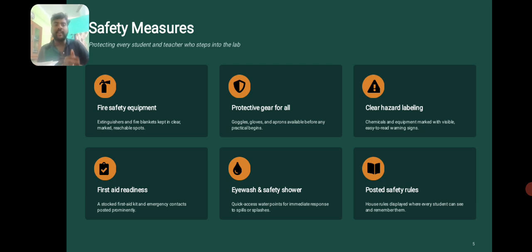And an eyewash station and safety shower. If a chemical reaches a student's eye, it may be dangerous, so an eyewash station and safety shower for chemical splashes, and posted safety rules are very much required for laboratory planning.